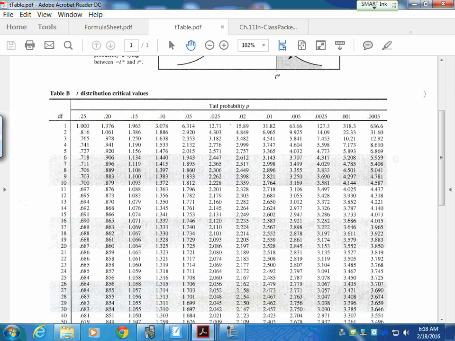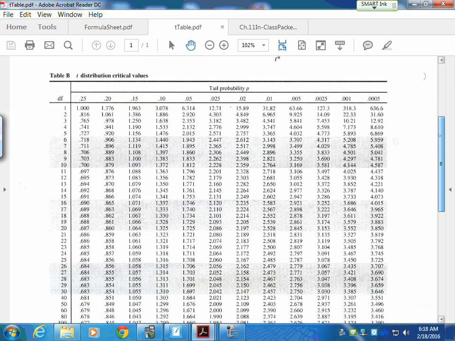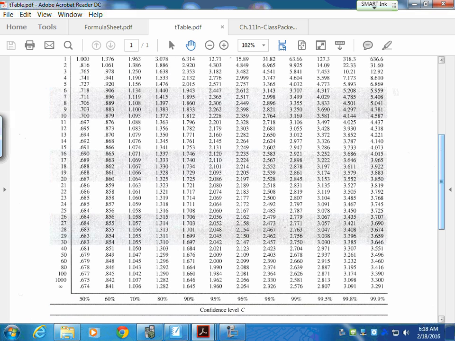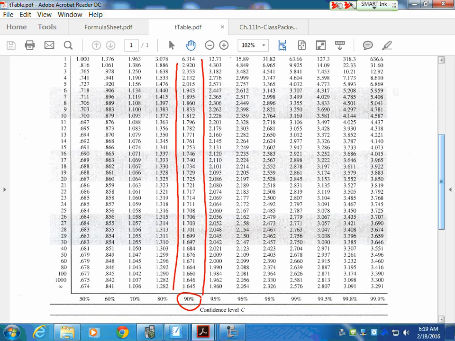Okay, so when we're in the t-table here, okay, remember how we read this? We want to look at the bottom first to find what column we're working in. So let's say we want a 90% confidence interval. Okay, now we know that we're working in this column. And then the degrees of freedom, sample size of 12 would give us degrees of freedom 11.